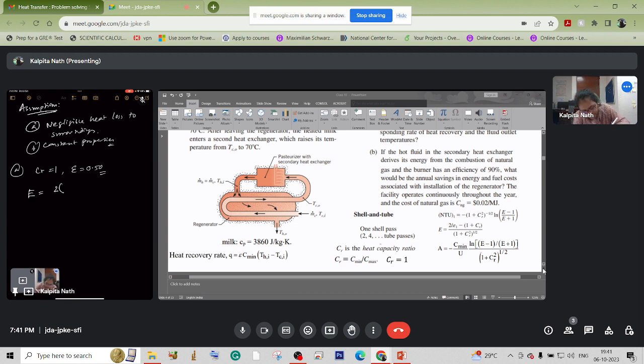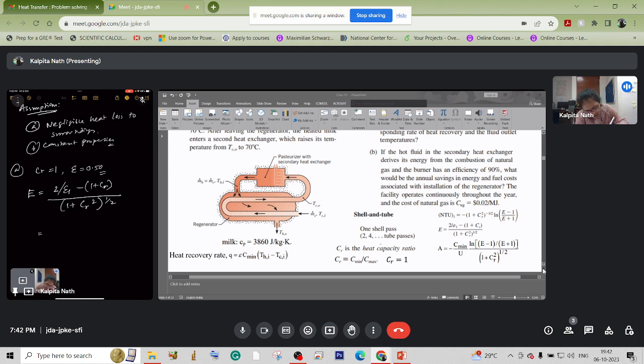So it is 2 upon epsilon 1 minus 1 plus CR, 1 plus CR square, whole to the power half.